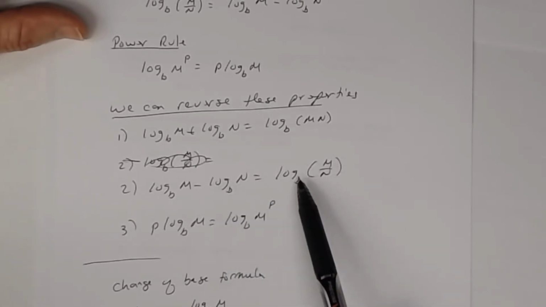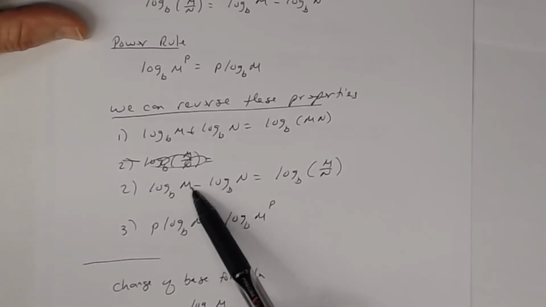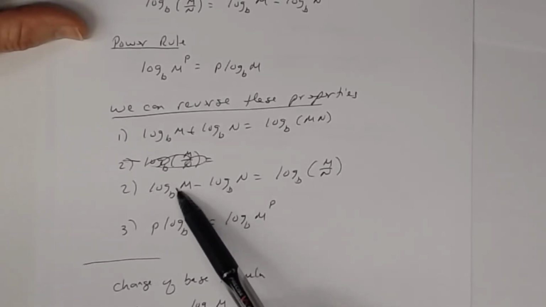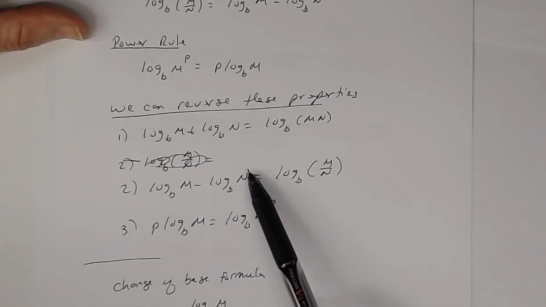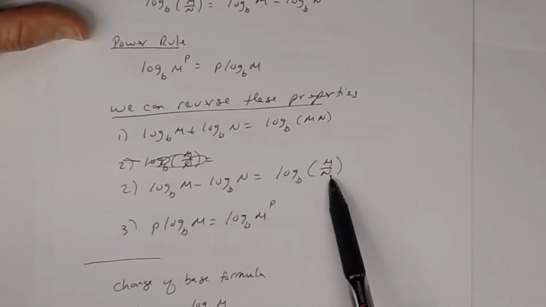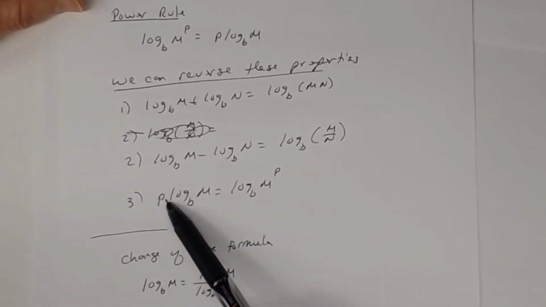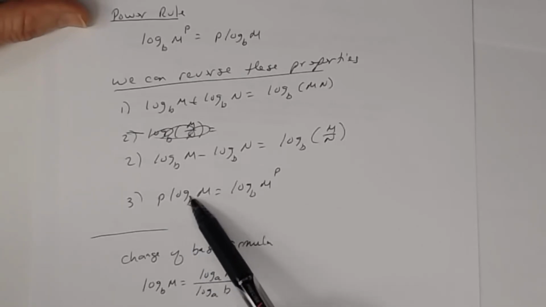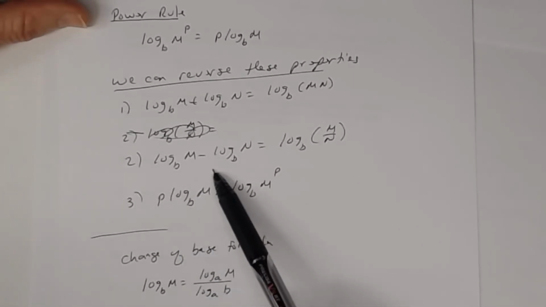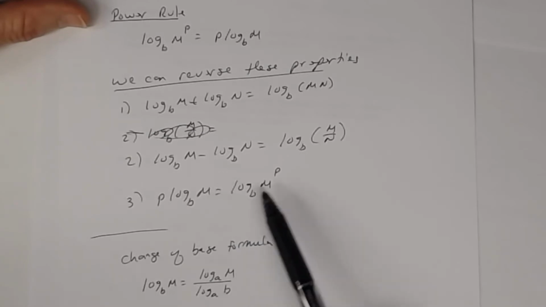With quotient, you got to be careful: that first argument, we're going to call this the argument, goes first in the numerator, and whatever you're subtracting, that argument will be the denominator. And then when you have some number multiplied by a log expression, you can write that coefficient as an exponent, just like you see here.